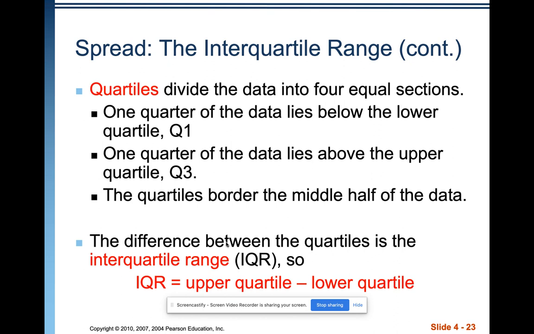I almost think of a stick of butter divided in 4 equal sections, with 4 equal marks on it. And 1/4 of the data lies below the lower quartile. 1/4 of the data lies above the upper quartile. The middle quartile, Q2, is just the median. So Q1 and Q3 border the middle half of the data.